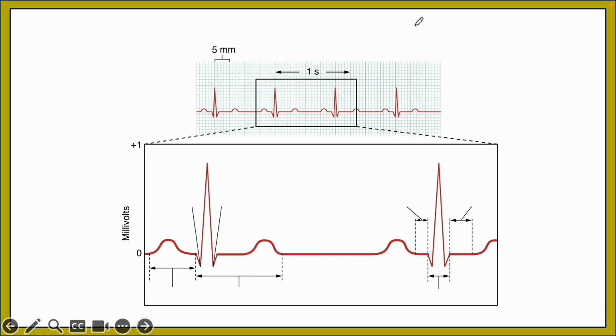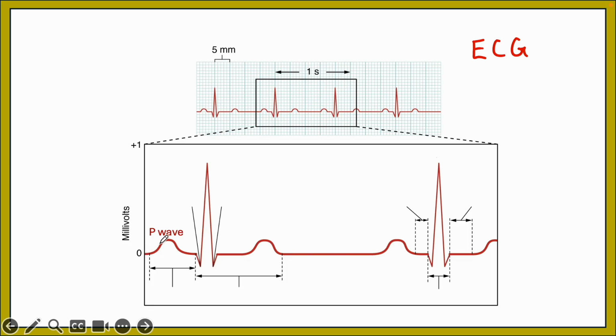All right, these electrical signals then are going to produce what is known as an ECG or EKG. That stands for electrocardiogram. There are several features that are standard in one of these cardiograms. So first is the P wave.